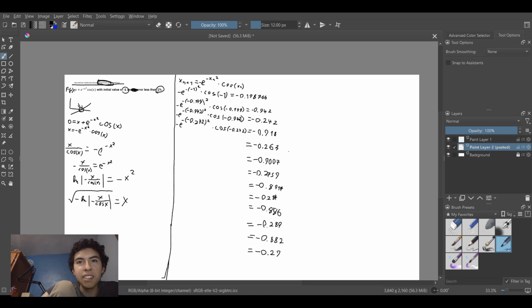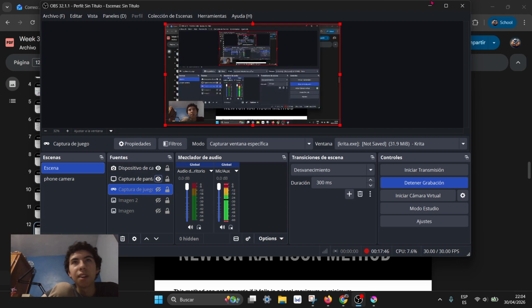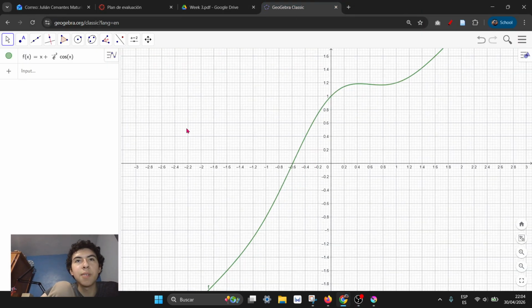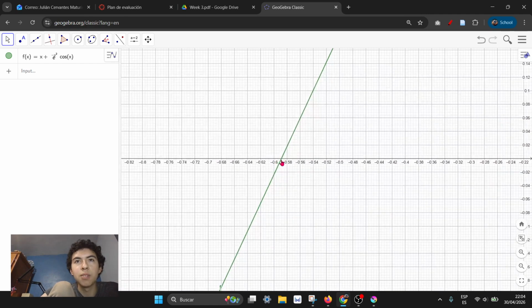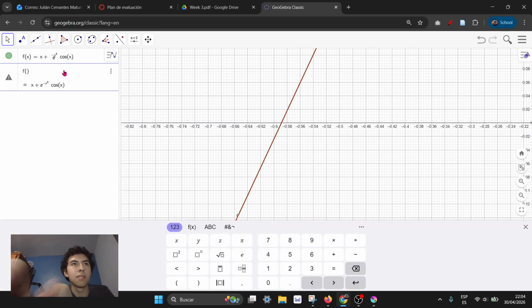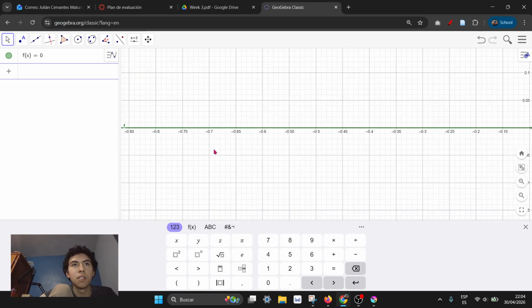Though we can see over here. Wait, I'm gonna bring you back to the graph here. Okay, there we go. We can see over here that the x-intercept would be around 0. f of x equals 0. Okay, wait.